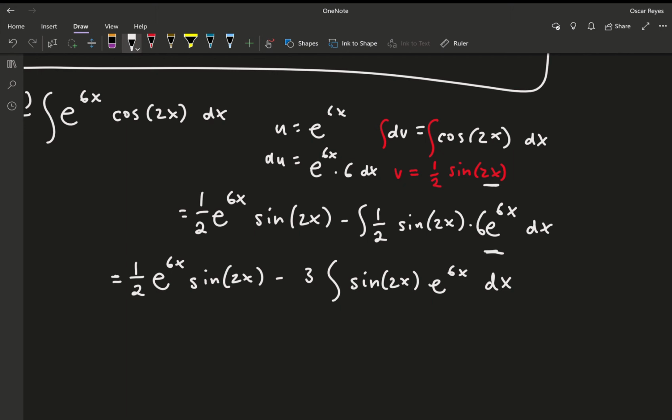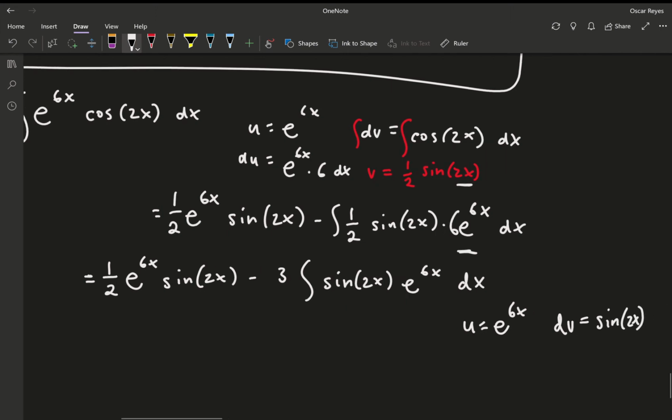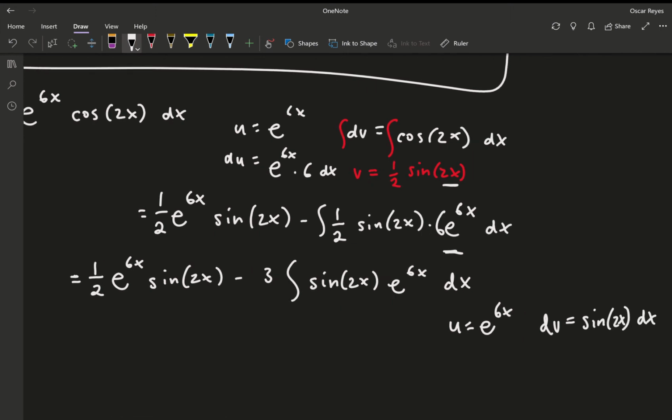So now if we set our u equal to e to the 6x, and our dv equal to sine of 2x dx, well, du is equal to, like we already established before, 6e to the 6x dx, and v is going to equal 1/2. First we're going to take the integral: if sine gives us cosine, then cosine gives us negative sine.